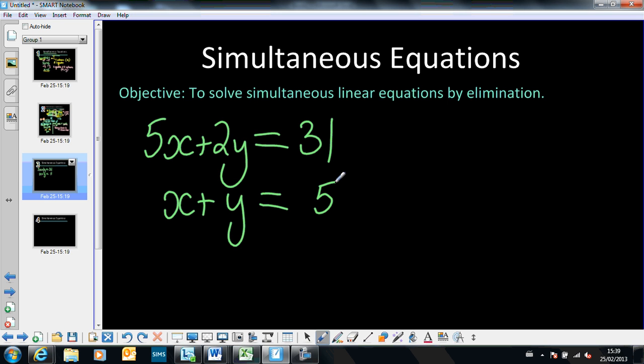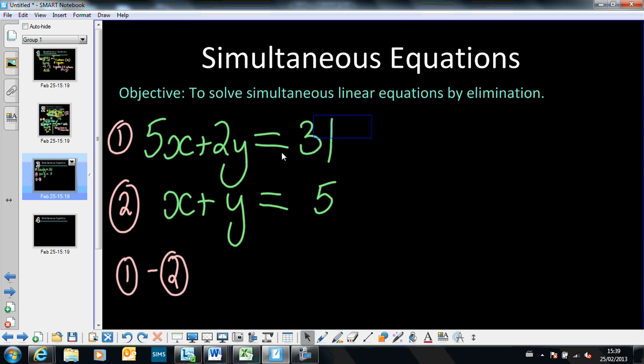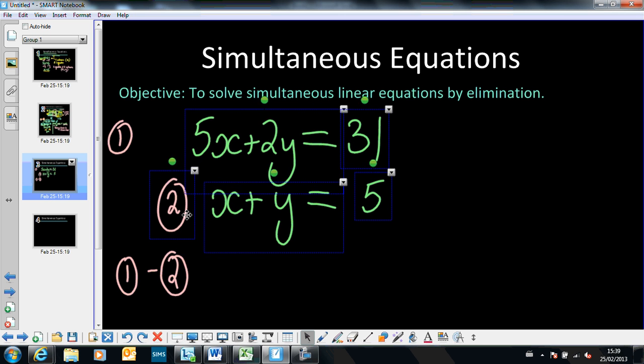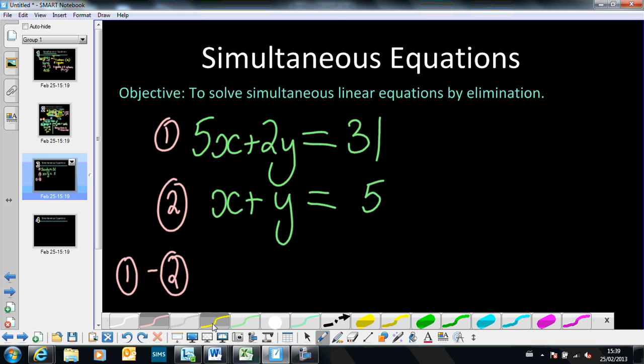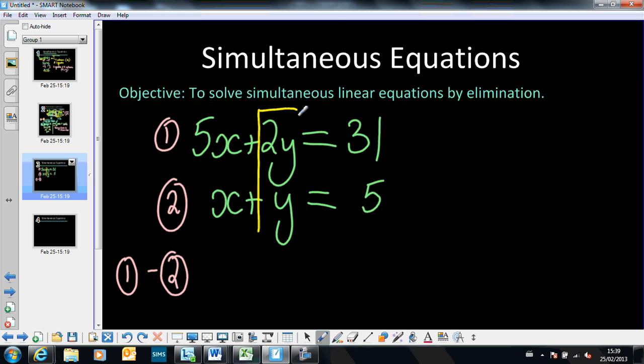Okay, this time, if I number my equations, I can't just do equation 1 take away equation 2. Because if I did, I wouldn't eliminate the y's.